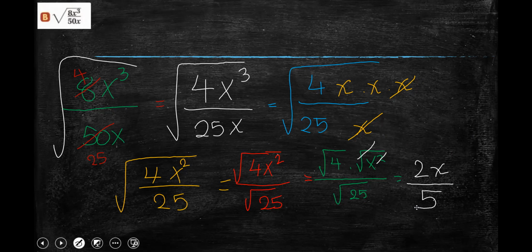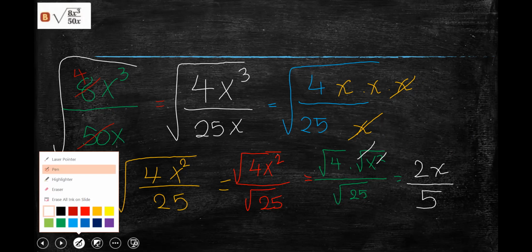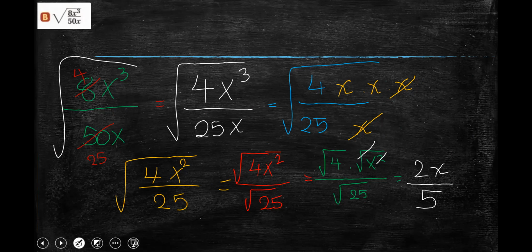Yes, then we will simplify the fractions. Now some of you can stop here. They say, okay, 4 is 2, 25 is 5, and the square root cancels x, so they said 2x over 5 without making these steps. This is a shorter way.